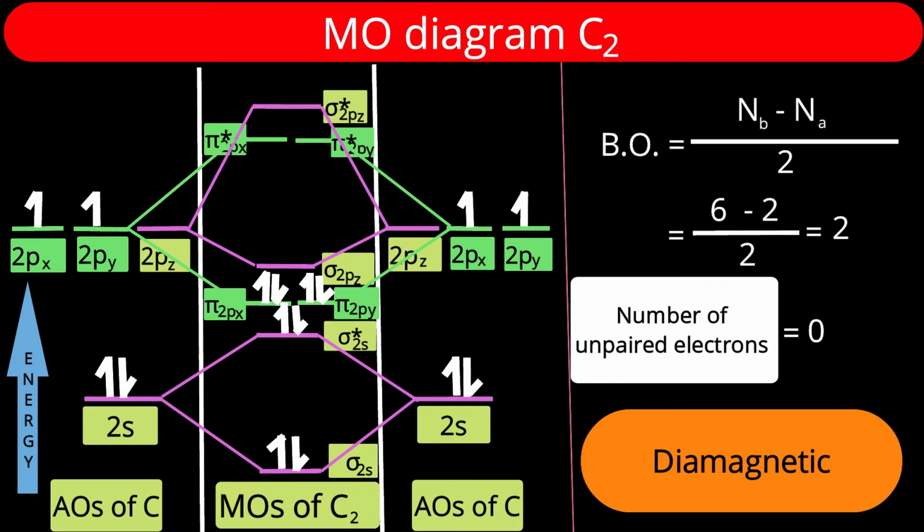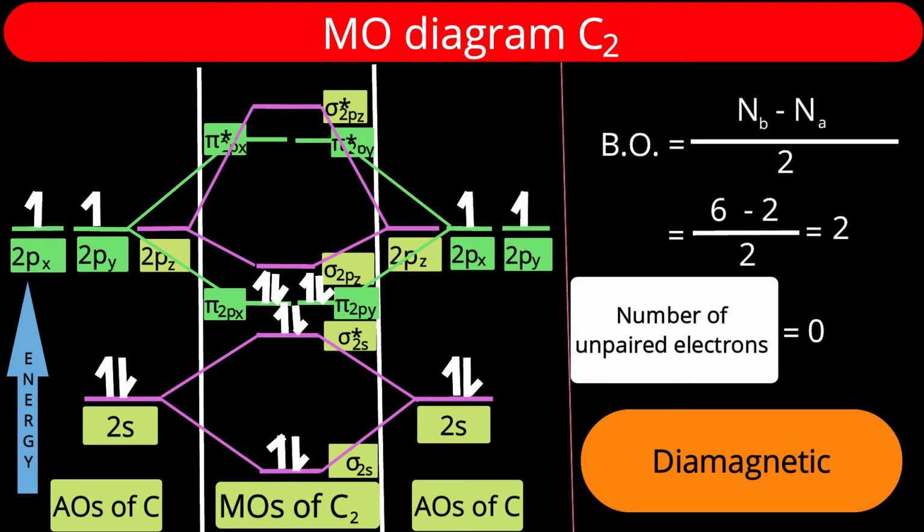So we say the symmetry of the 2px orbital of each atom is pi. Similarly, the 2py orbital symmetry will be pi, because what is our 2py orbital imagination? The lobes are up and down. One lobe will be positive, the other lobe will be negative. As I described for the 2px orbital, the same case will be there for the 2py orbital.